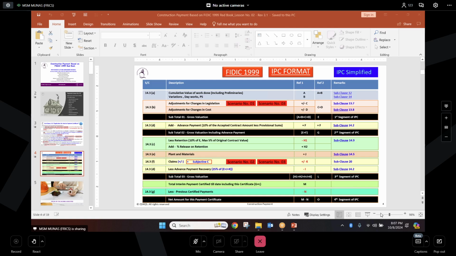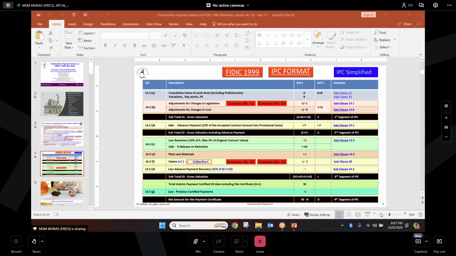Specifically, if you go for the Red Book, we are using it for measure and value, originally measure and value, right? So if you are going for measure and value, then be careful with 12.3, because the measure and value quantity is inserted by the consultant, not the contractor. So if you say the clause is applied, then your quantity is not a final quantity.